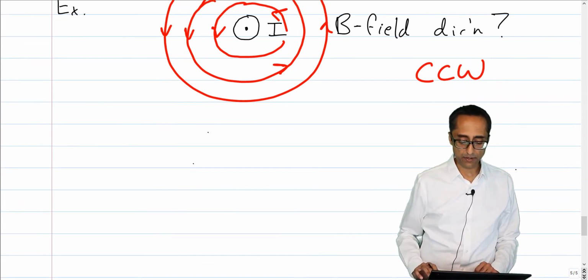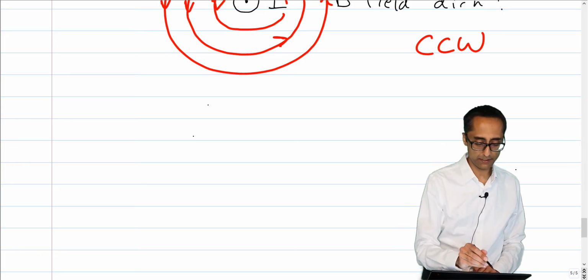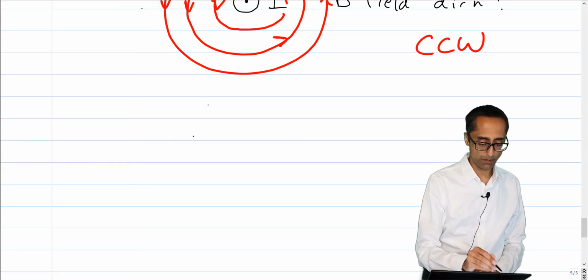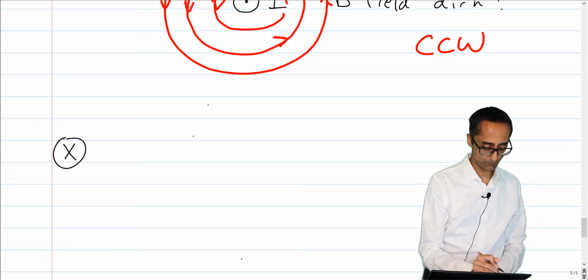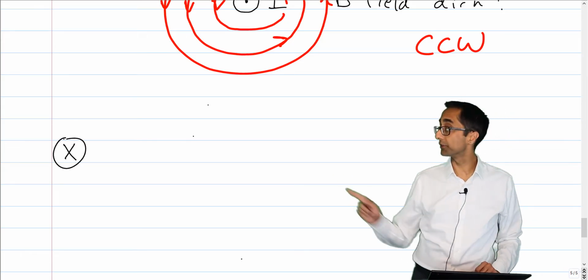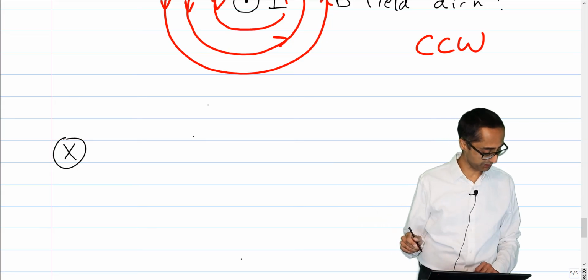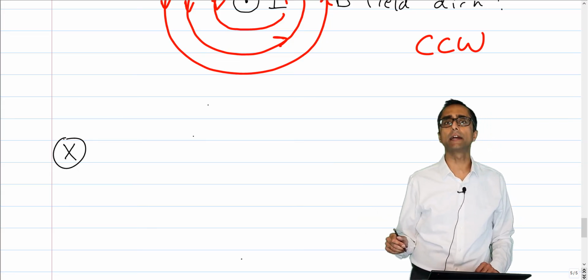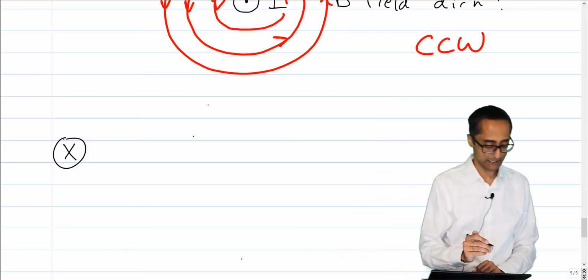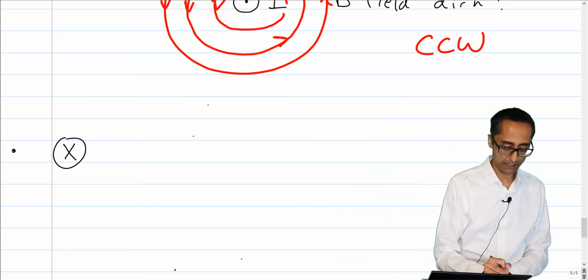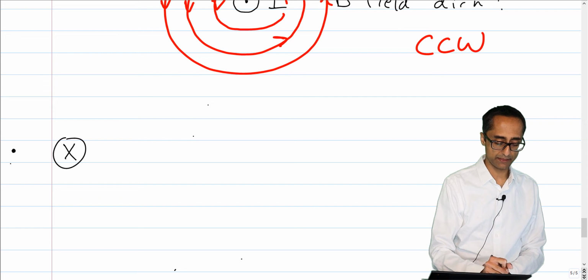All right, let's try something different, but using a similar skill. Now that we've done that one, I actually want you to try this one yourself, so feel free to pause it once I give you the question. Say we've got ourselves a current going into the page here, and this time I'm going to ask you for the magnetic field at a very specific spot, okay? Why don't you find me the magnetic field right there at this point P?